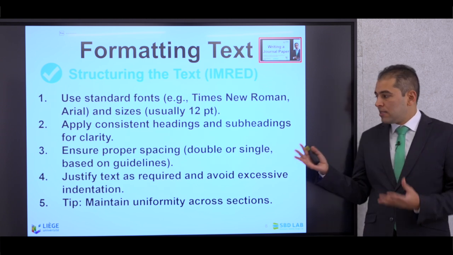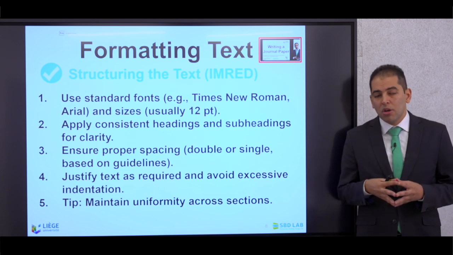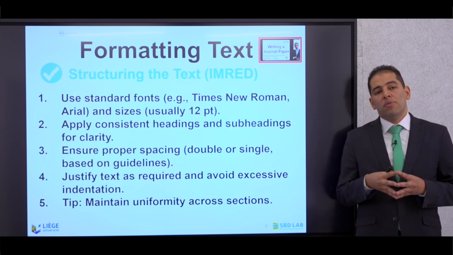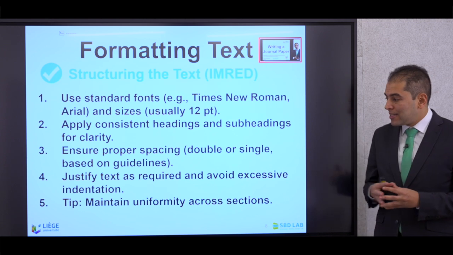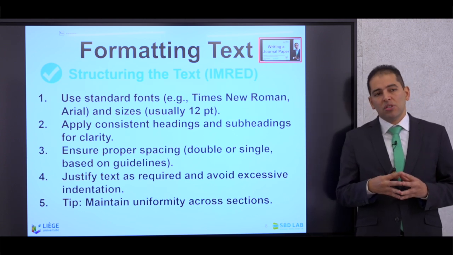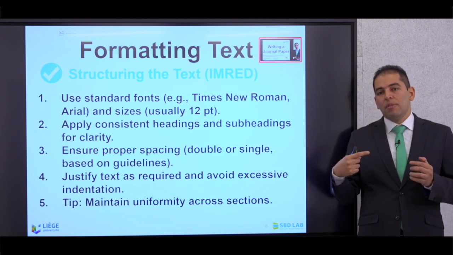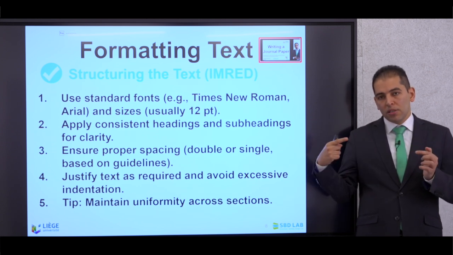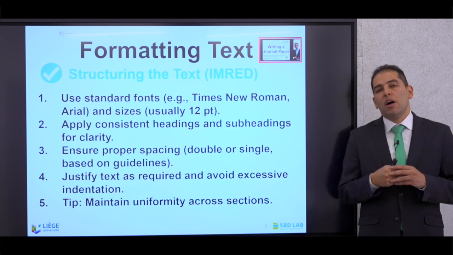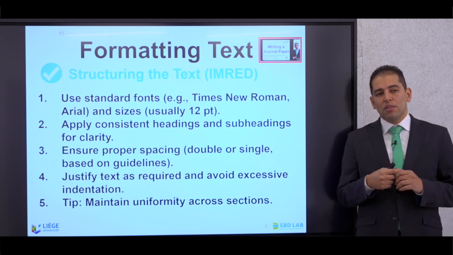Ensure proper spacing. Make sure that you have single or double spacing depending on the guidelines of authors for the journal. Justify the text as required and avoid excessive indentation. If you are going to do indentation, which is pulling the text inside after the first paragraph, starting paragraph 2, 3, and 4, just don't do it excessively.